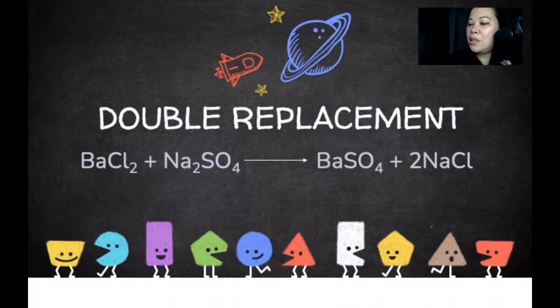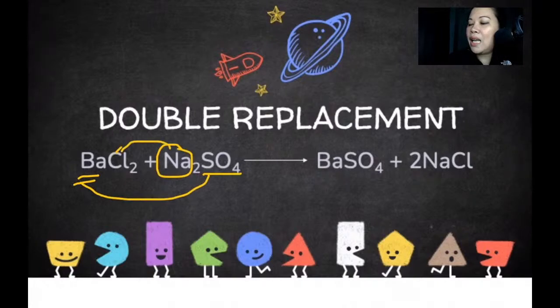If you notice, Ba pairs up with SO4 here, and then Na pairs up with Cl. So they exchange partners. So that is your double replacement.